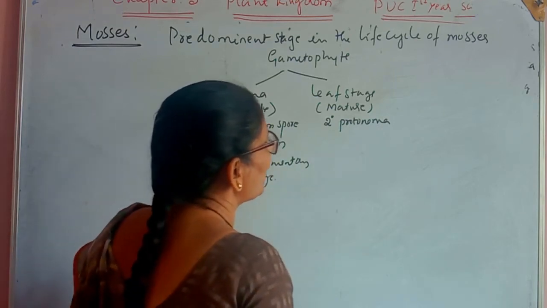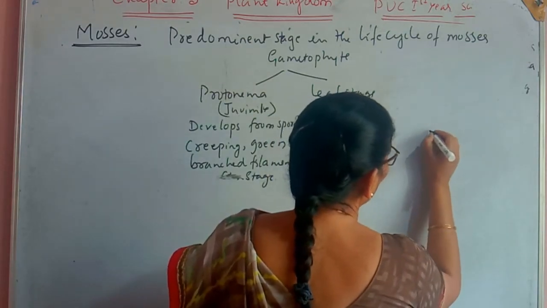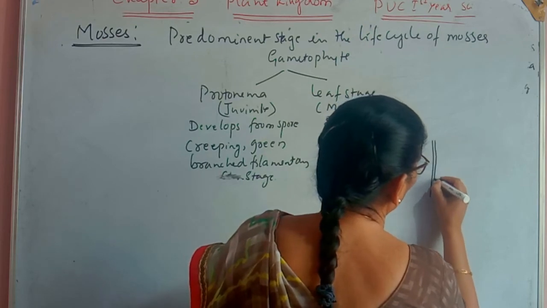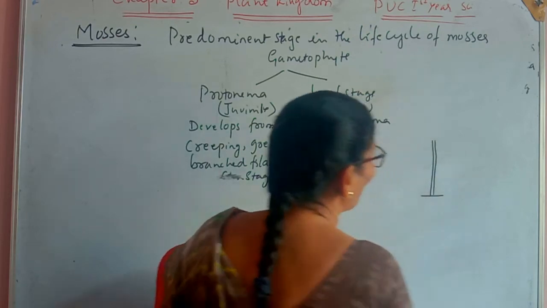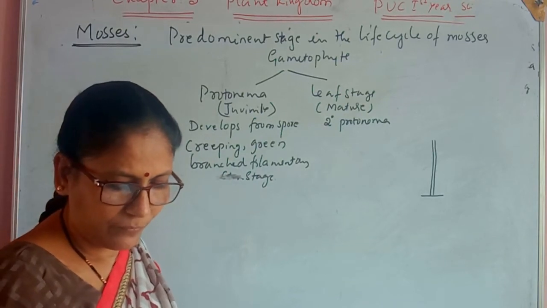So the leafy stage is an erect or upright structure.